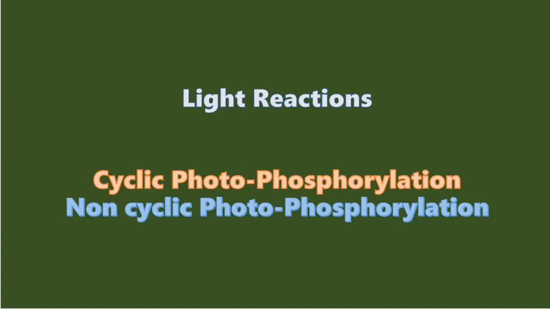For these chemical reactions, they need energy. This energy they get from the light reactions. In dark reactions, carbon dioxide is reduced into glucose. That is the main purpose of photosynthesis.